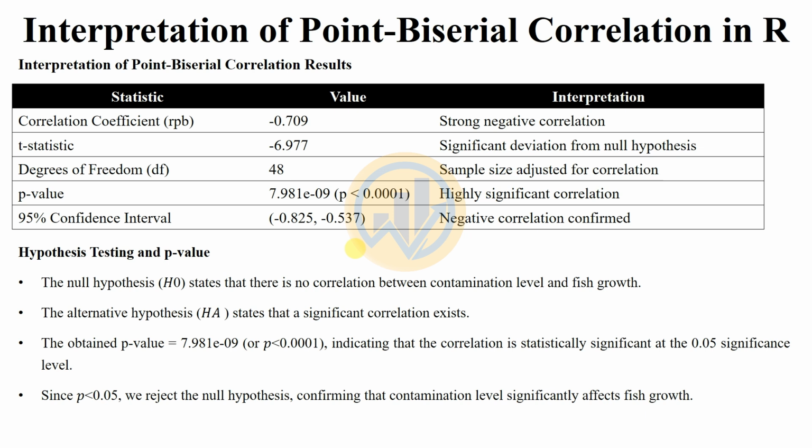The obtained p-value is 7.981, or p less than 0.0001, indicating that the correlation is statistically significant at the 0.05 significance level. Since p is less than 0.05, we reject the null hypothesis, confirming that the contamination level significantly affects fish growth.